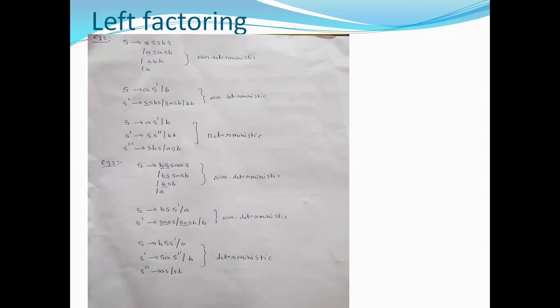That is the elimination of left recursion. And what is left factoring? We take the common prefixes out and apply left factoring. That means we convert a non-deterministic grammar into a deterministic one by using left factoring. Okay, so these are the concepts. Any doubt?